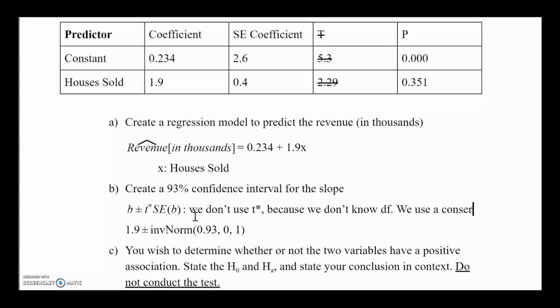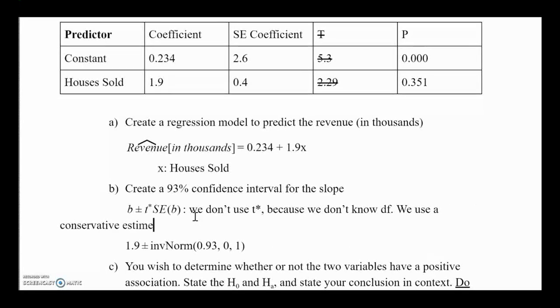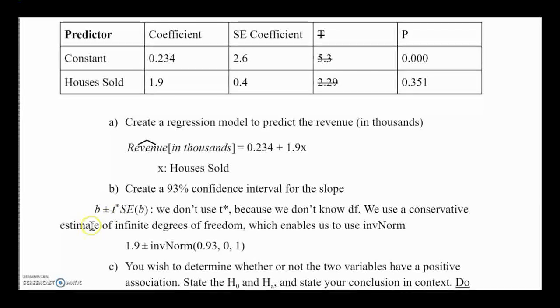We use a conservative estimate of infinite degrees of freedom, which enables us to use inverse norm, right? Infinite degrees of freedom will allow us to use inverse norm.